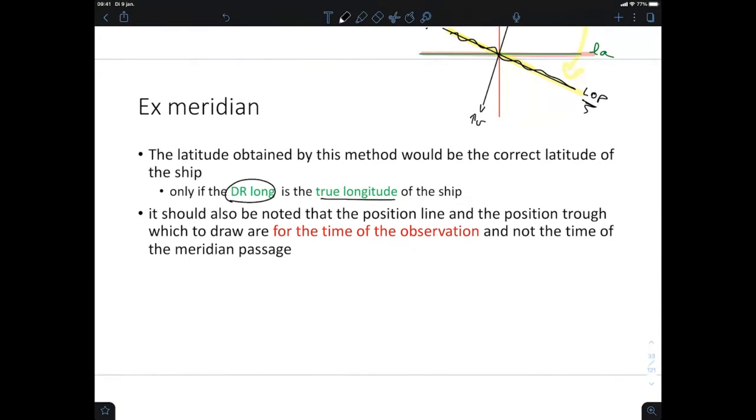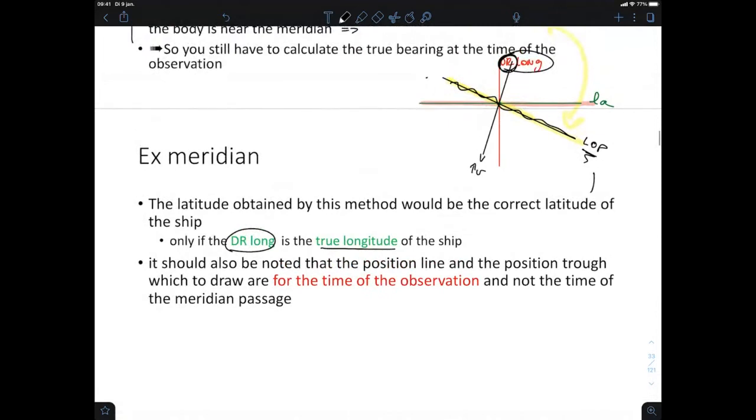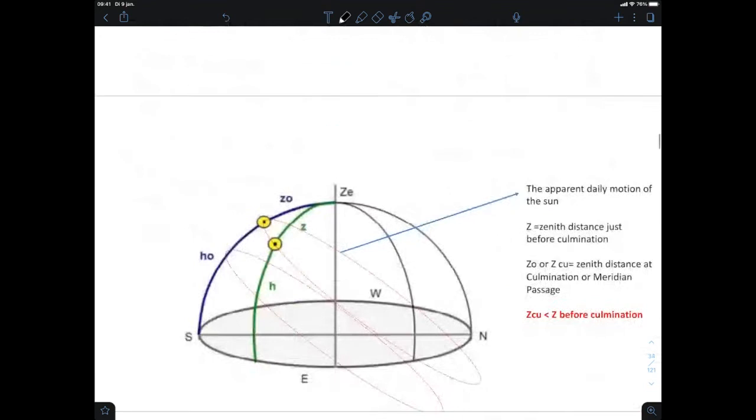It should also be noted that the position line, the one that we are drawing here, is drawn for the time of the observation. And the time of the observation is just before or after meridian passage. So it's for the actual time of the observation and not for the moment of meridian passage. These are two elements that you should take into account.